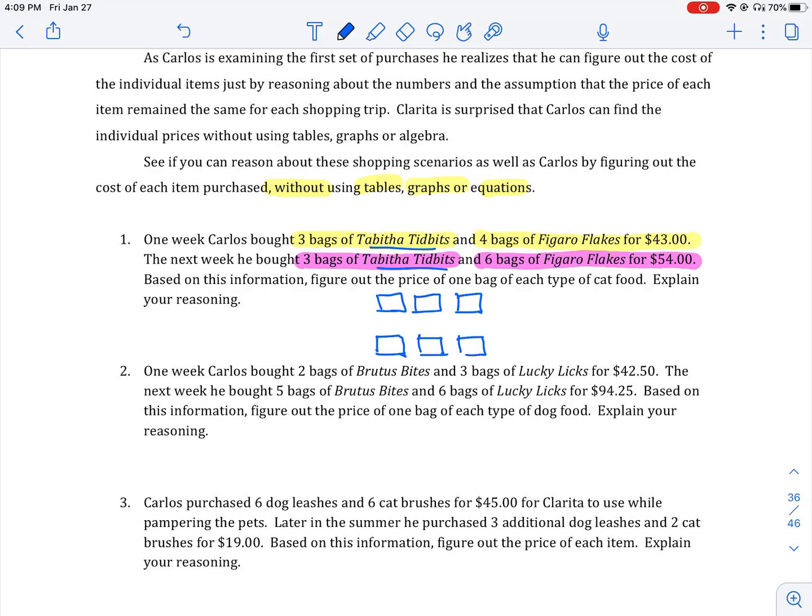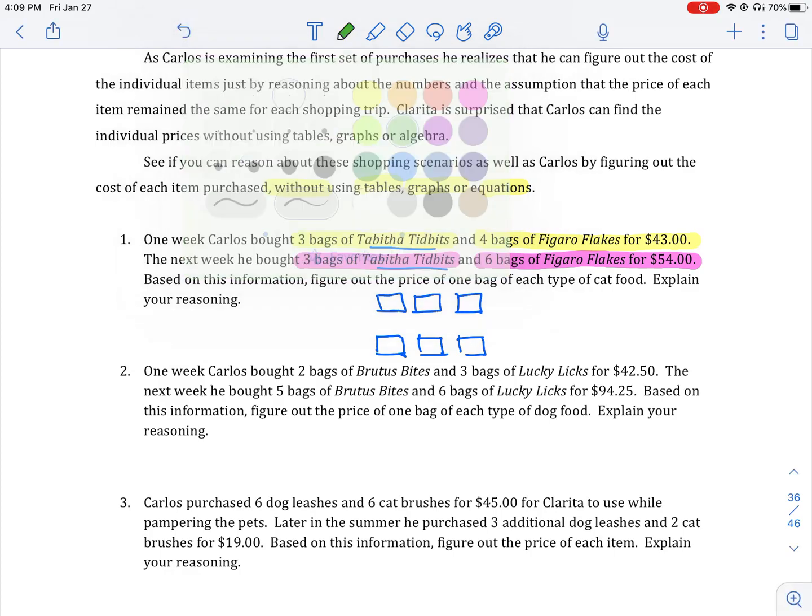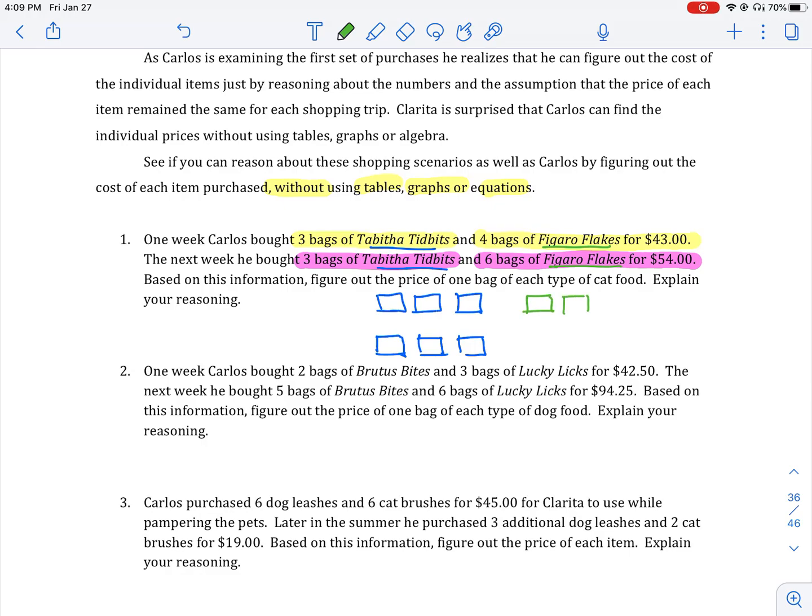And I don't know the price of any of these. And for the other one, I'm going to use green, for Figaro Flakes. I got 4 bags in week 1, but then I have 6 bags in week 2.